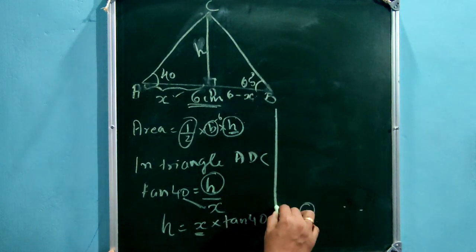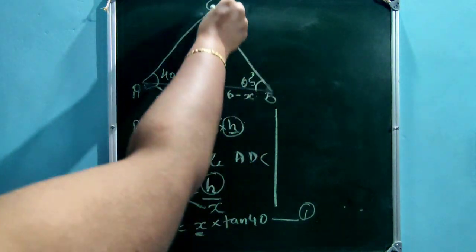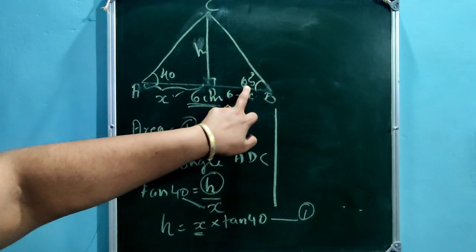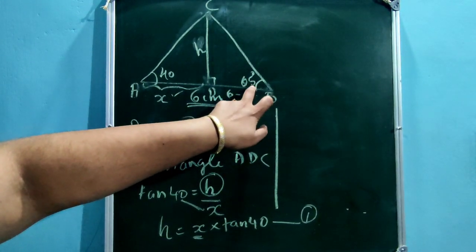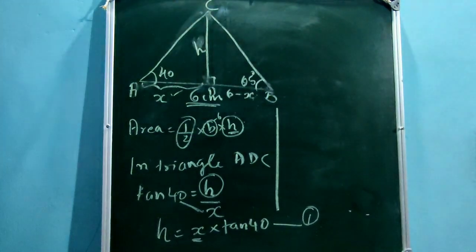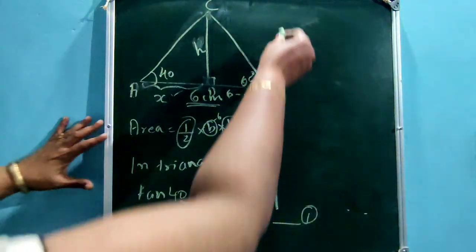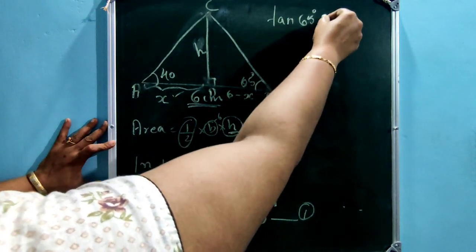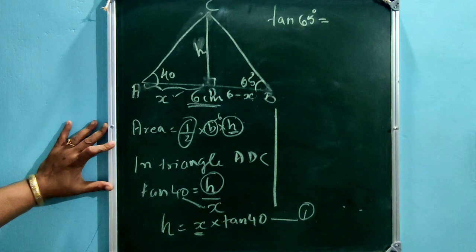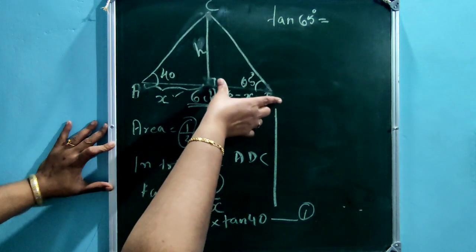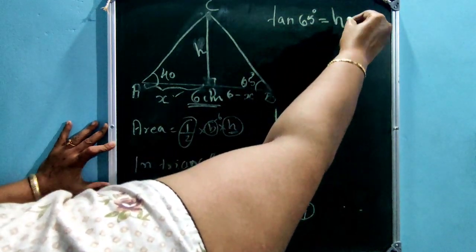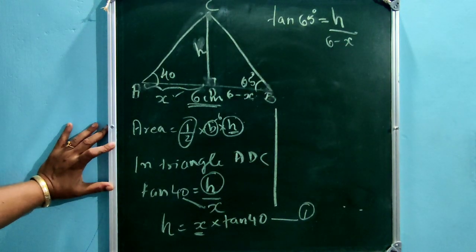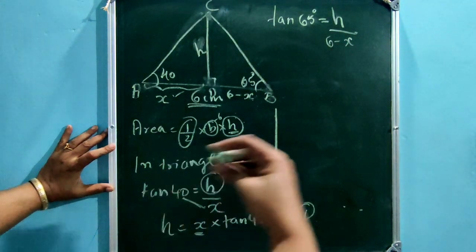Now I am going to consider this triangle BDC. This one is also a right triangle and one angle is equal to 65 degree. If we take tan of the 65 degree, what is the ratio? Tan 65 is equal to opposite side by adjacent side, that is equal to h by 6 minus x.